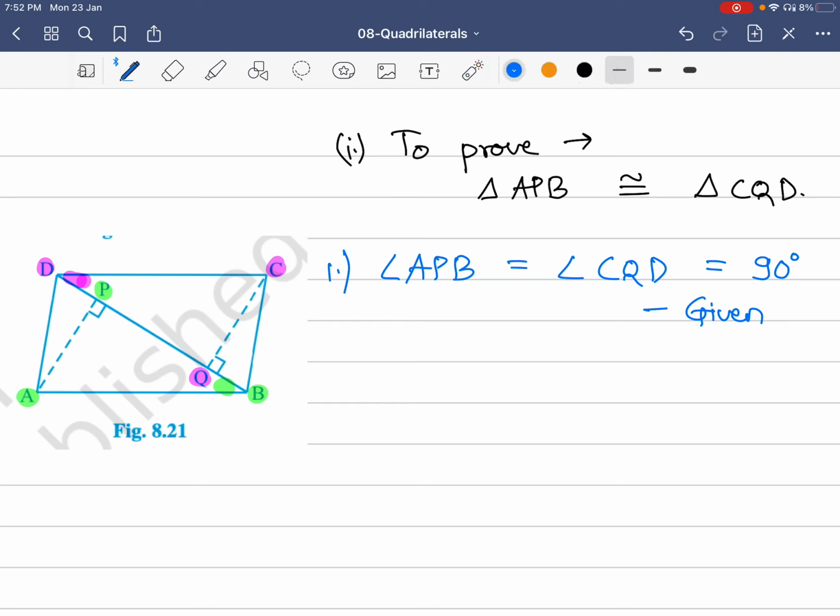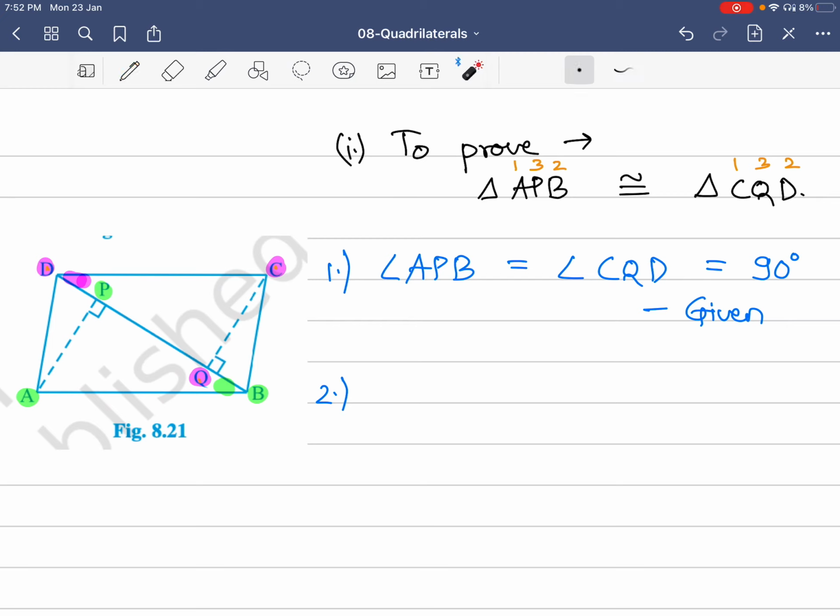So let's mention that as our second point. Now the order of the angles is going to be very important, so you have to be very careful about that. So in triangle APB, it's going to be ABP. In fact, let me write 1 2 3 here. So it's going to be 1 2 3 ABP, and we have to follow the same order in the other triangle. So it's going to be 1 2 3 CDQ.